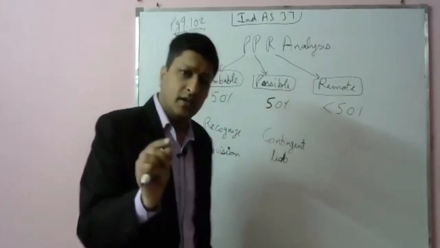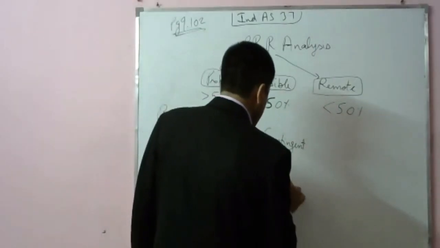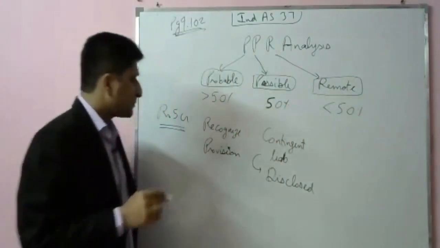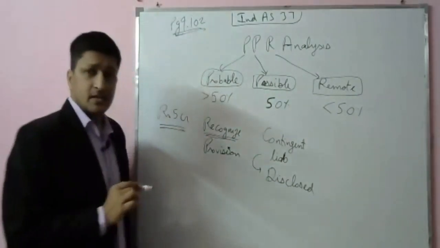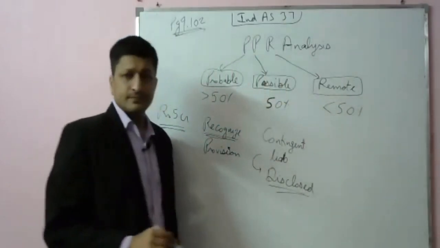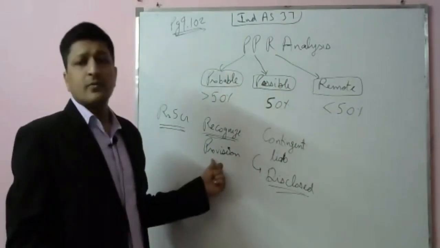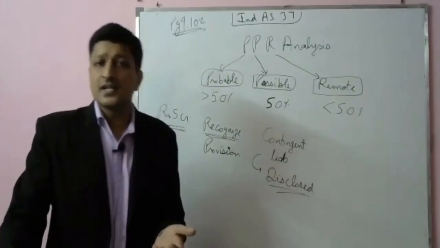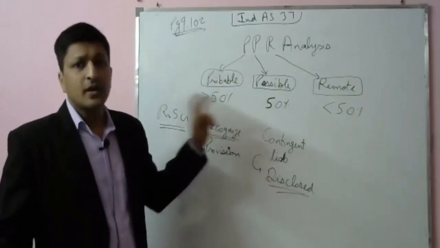It's only disclosed in the financial statements. Please understand. This one is recognized, but this one is only disclosed. The moment you recognize, it becomes a provision or a liability. But if you are not recognizing it, then it is only a contingent liability.